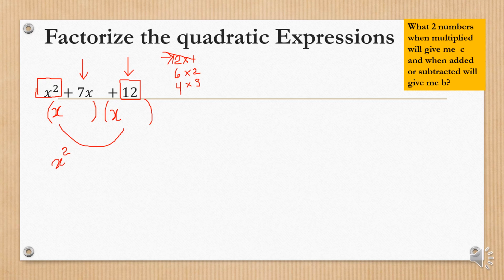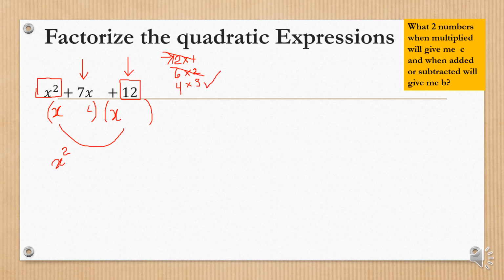But could I add or subtract 6 and 2 to give me 7? No, so I wouldn't even bother. 4 times 3 is 12. Could I add or subtract 4 and 3 to give me 7? Yes, I can add 4 and 3 and it will give me 7. So I would use this.